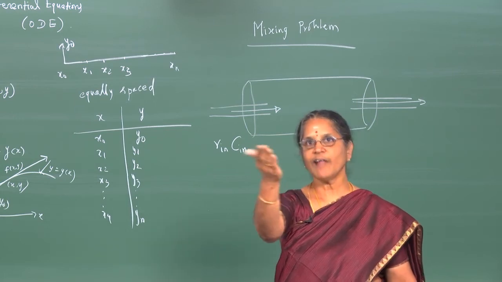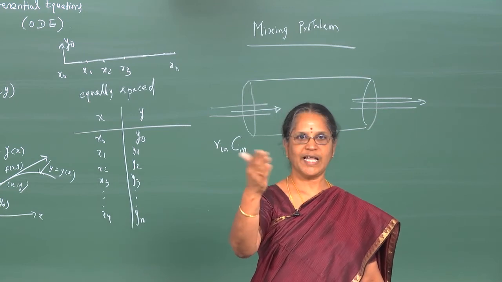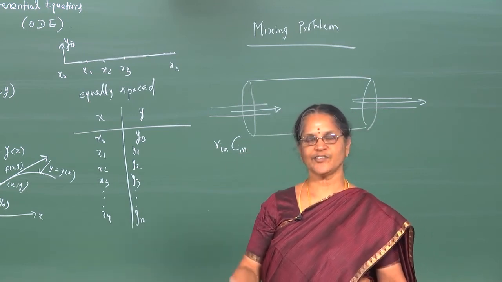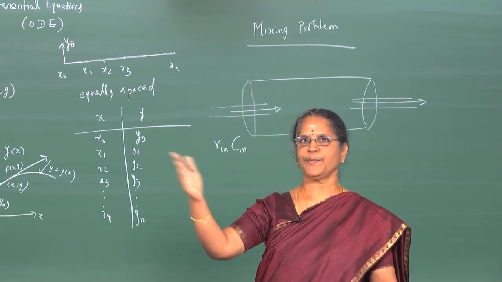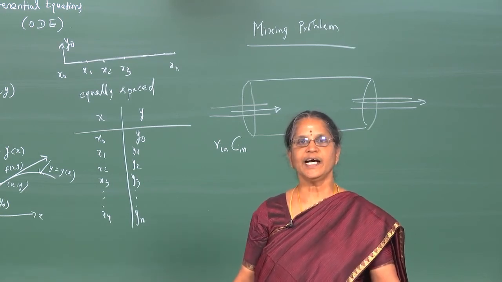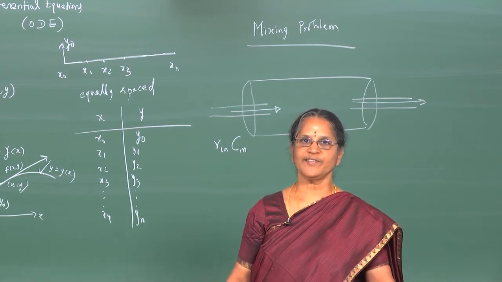In fact, you can solve the equation dy by dx is 1 plus y square. It is of the variable separable form. So, dy by 1 plus y square is dx. So, tan inverse y will be equal to x plus a constant. Use the initial condition. So, you immediately observe that x is equal to tan inverse y, or y is equal to tan x.